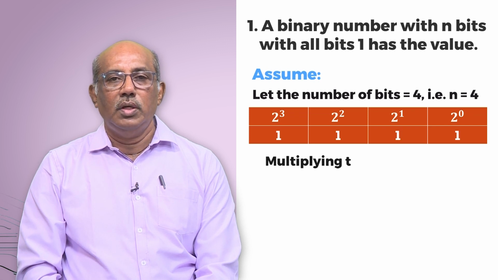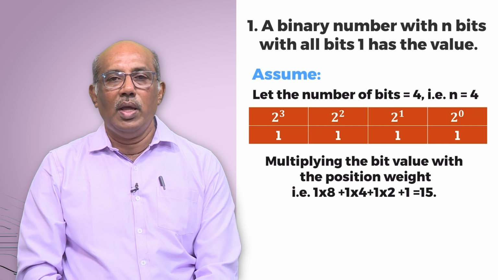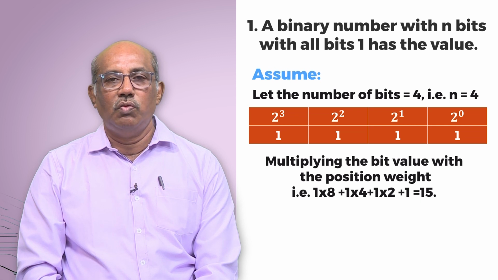Now, the next step is to multiply each bit value with its corresponding positional weight. So, we will start with the most significant bit, that is 1 into 2 raised to 3, which is 8, plus 1 into 2 raised to 2, that is 4, that is 8 plus 4, 12, plus 1 into 2 raised to 1, that is 12 plus 2, 14, plus 1 into 2 raised to 0, that is 14 plus 1, 15.